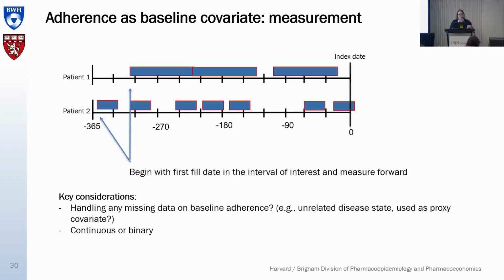And so there's a couple of things we will often consider. Number one is maybe we'll take adherence to any medication rather than, say, just a smaller set of cardiovascular drugs. Require patients to have filled at least one medication at baseline, and then we measure their adherence to that. Or maybe we say, did they use a medication? And then measure their adherence if they had a medication and treat that as an interaction term.